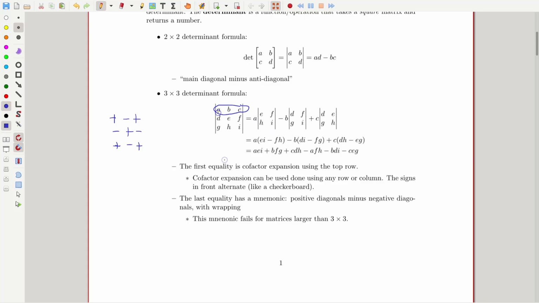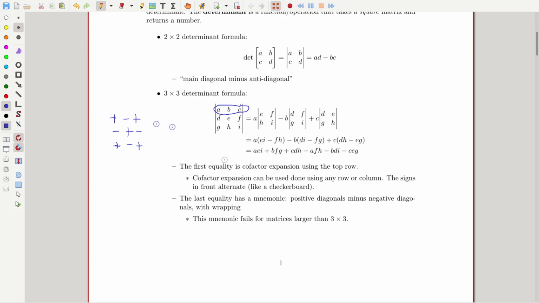For A, when we eliminate the row and column that A belongs to, we end up with the determinant of E, F, H, I. When we eliminate B, we end up with the subdeterminant D, F, G, I. And with C, we get D, E, G, H, which is right there.